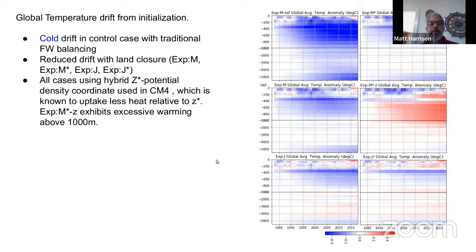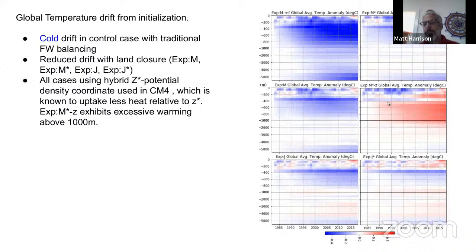Initializing from the World Ocean Atlas, in the top left, this is the old way of doing it, and the model cools pretty drastically. On the top right, with the new closure, you see a greatly reduced cooling. Similarly with JRA, we see a big improvement. One thing to note is that the middle panel on the right shows the new closure with a Z coordinate.